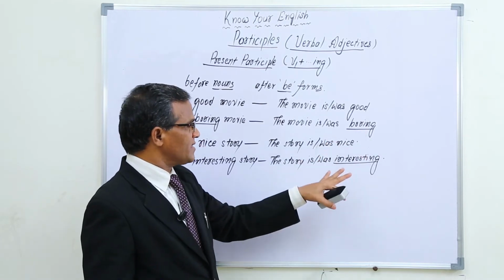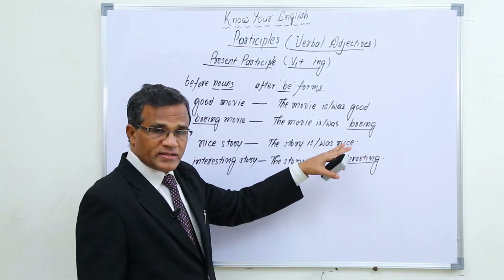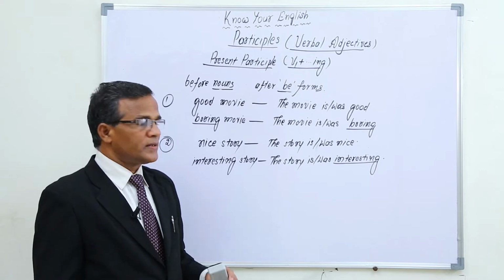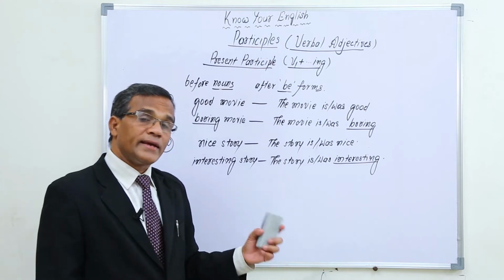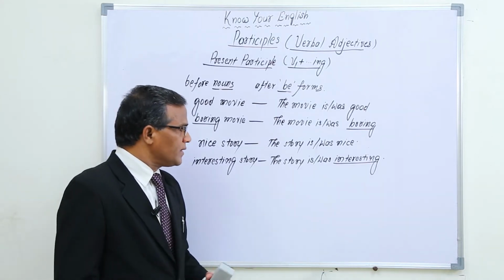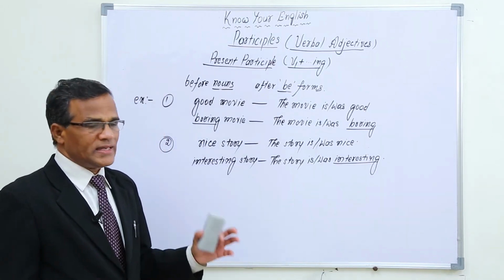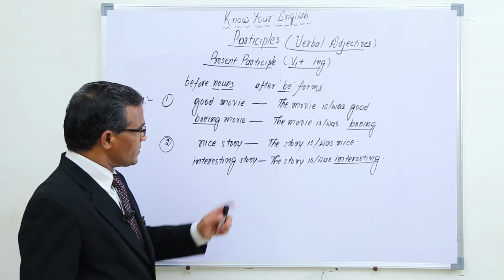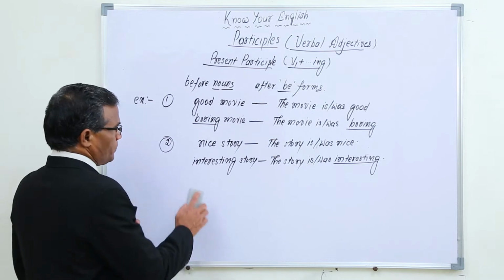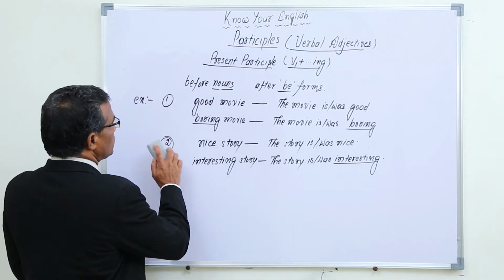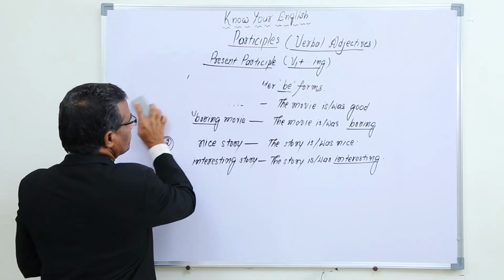So by this we can understand the present participle is used before a noun and after be forms, like an adjective. And I'll give you some more examples for these two concepts, and after that you can easily know. Okay, now I am going to give some more examples for that.